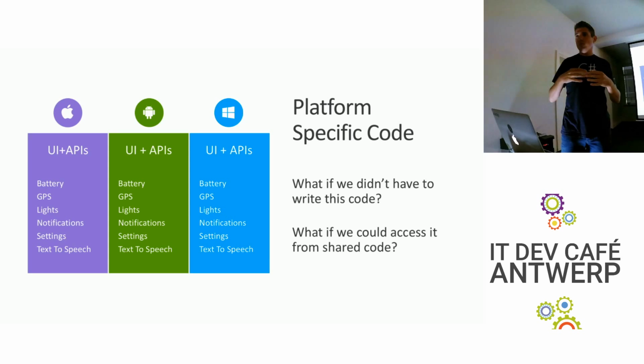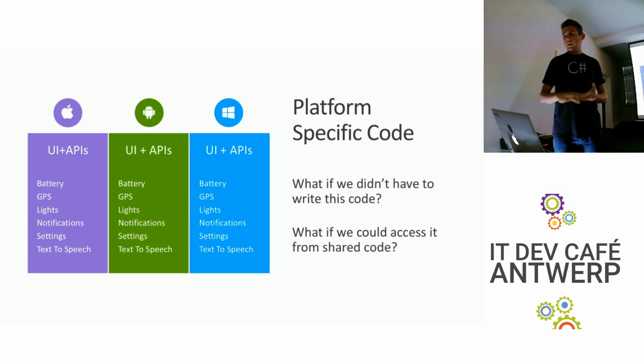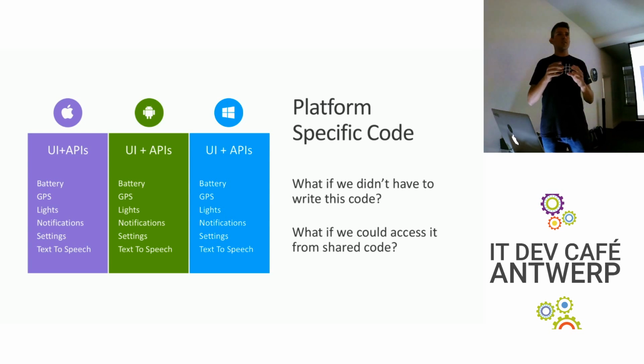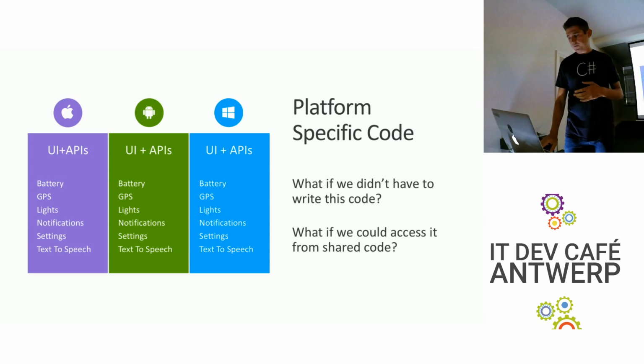What you can do using a plugin is define an interface that you can use in your core code, and you can just say navigate to this position, and then at runtime the implementation will say, okay, I'm on iOS, so I will use the iOS system implementation to open the correct navigation application to route you to your destination.